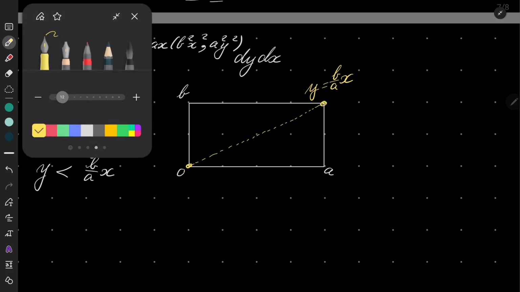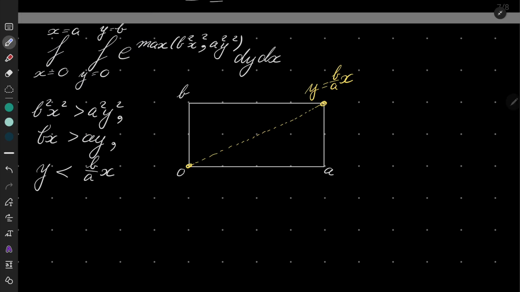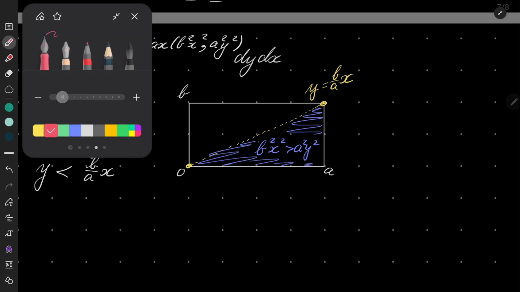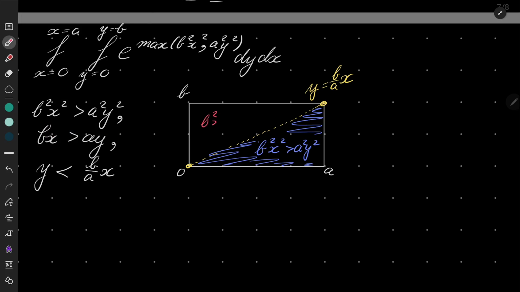And so now we know that on this lower portion, b squared x squared is greater than a squared y squared. And by symmetry, in the upper portion the inequality will be reversed. Very well.